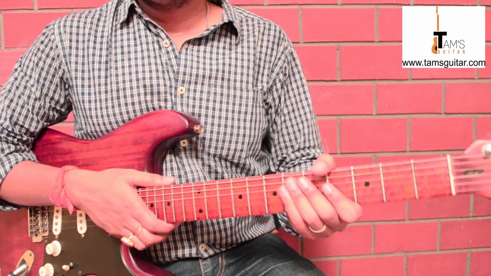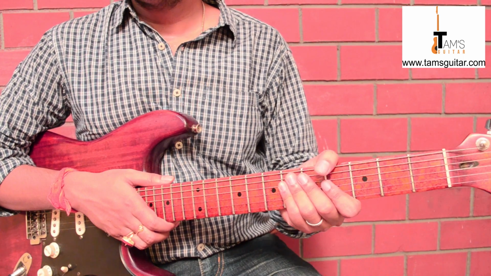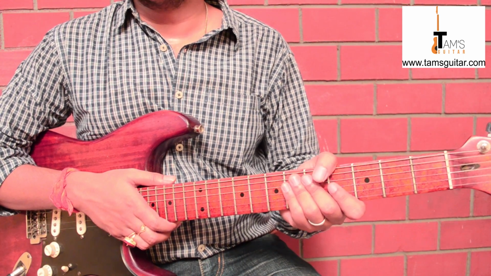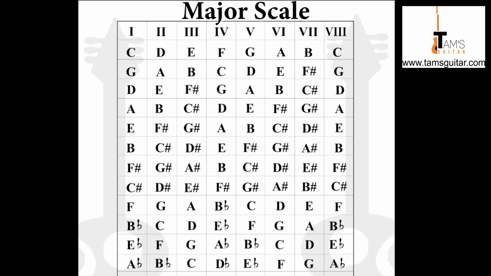Anyways, now I'll give you a theory lesson before I move on. As you can see now in the chart, we've got major scales written there, and let us take a look at the C major scale.